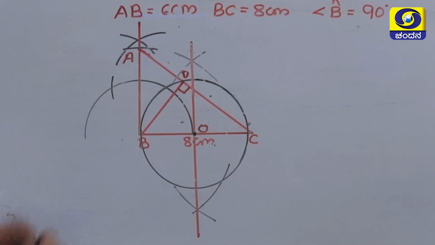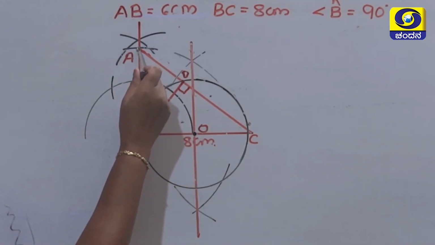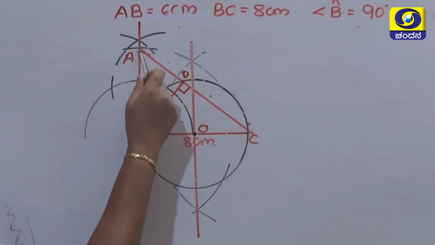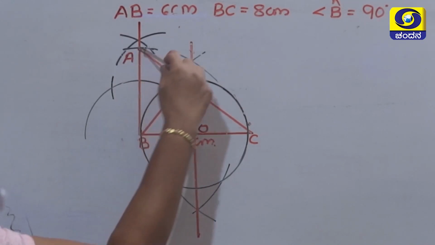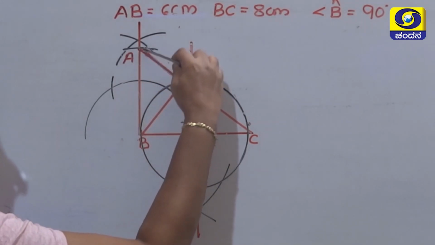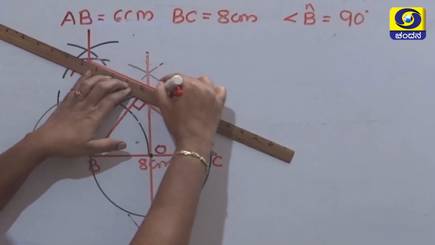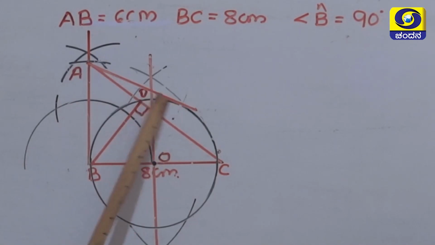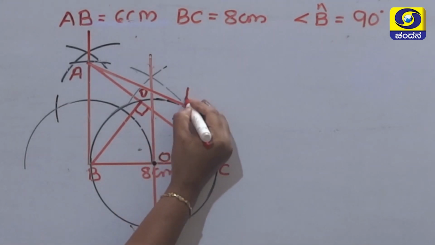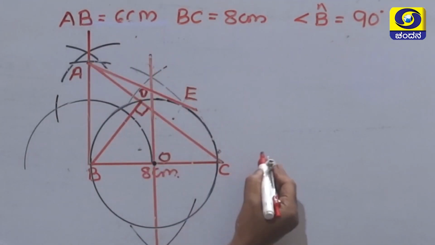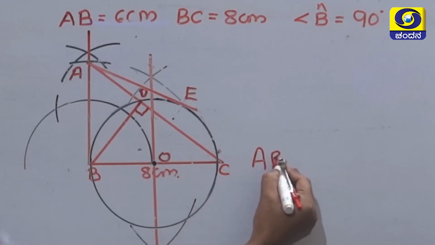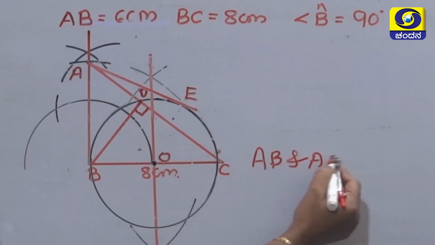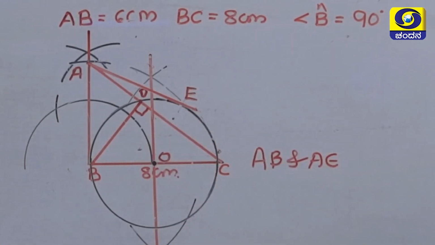One way is take the distance from point A to point B, keep the needle at point A, mark an arc on the circle. Join point A to the arc marked on the circle. Here we have got one more tangent. Let us name this as E. Now AB and AE are our tangents.